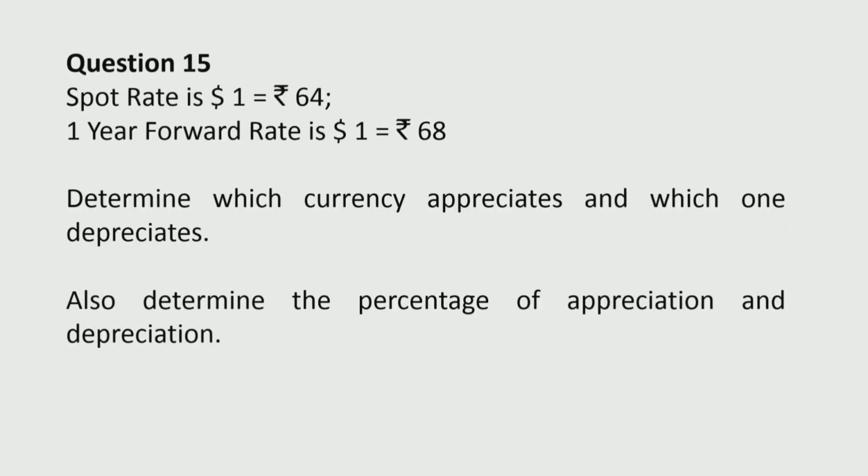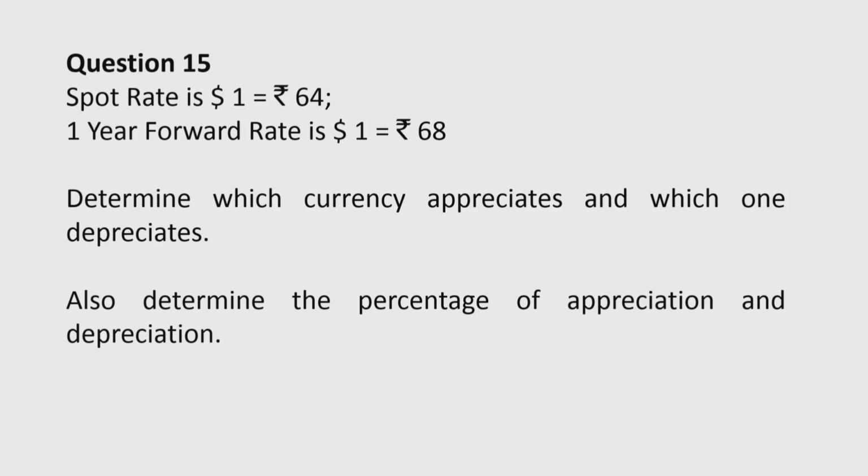So take up question number 15. In this question, see what is given. Spot rate is $1 equals to rupees 64. 1 year forward rate is $1 equals to rupees 68. Determine which currency appreciates and which one depreciates. Also determine the percentage of appreciation and depreciation.